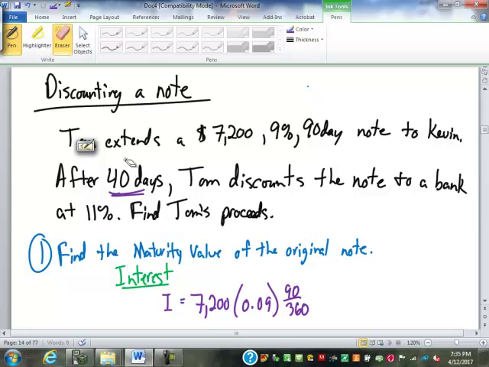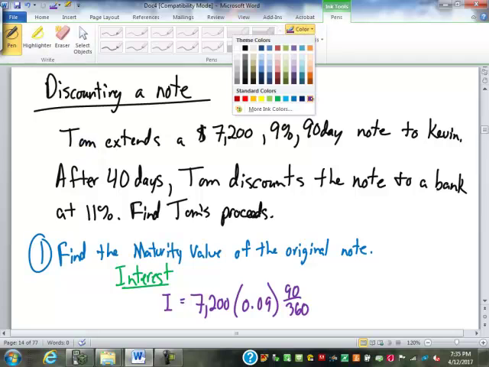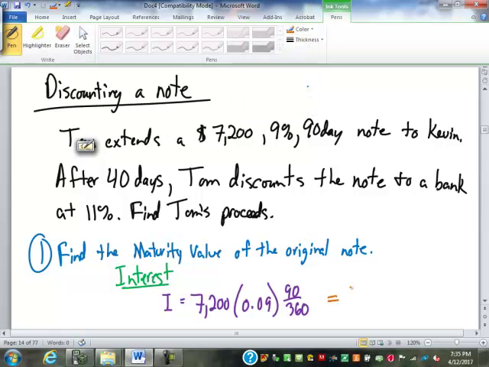The original note is for 90 days, and we want to know if that original note had been allowed to go to maturity, what would the balance be? What would the maturity value be? Because that's what the bank is going to collect from Kevin here. So that is going to be $162 is the interest.